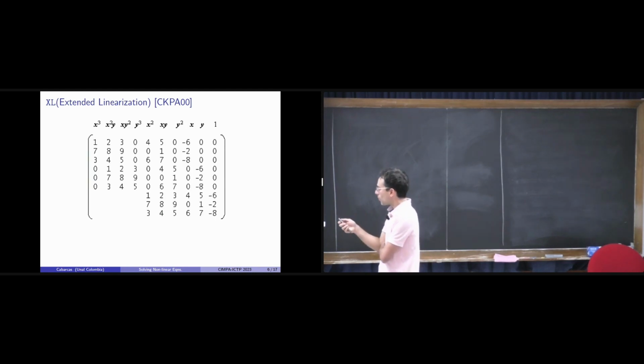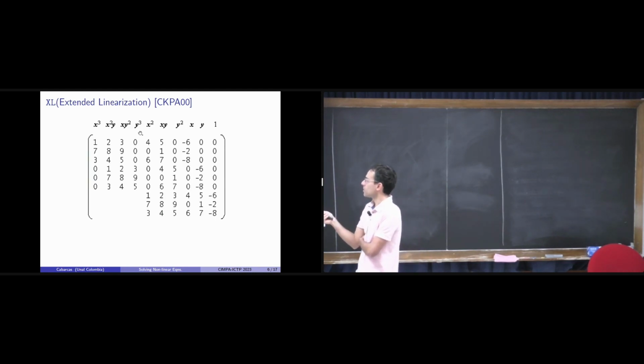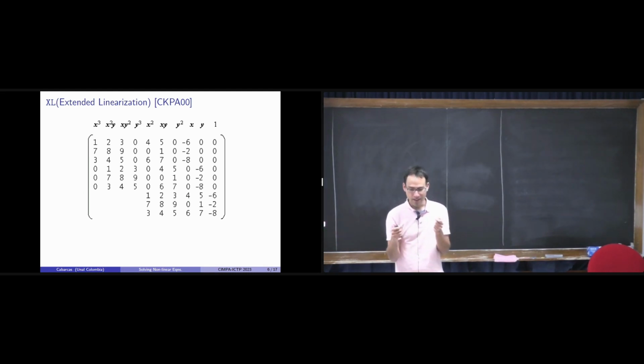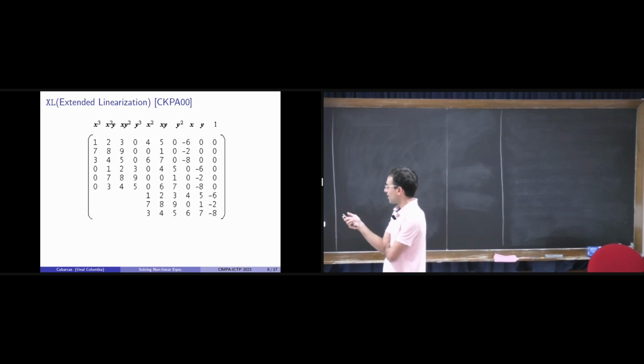And so we're going to get 6 new polynomials, which correspond to the first 6 rows of this matrix. These are the 6 polynomials produced by multiplying the original polynomials by variables. And here below are the 3 original polynomials.